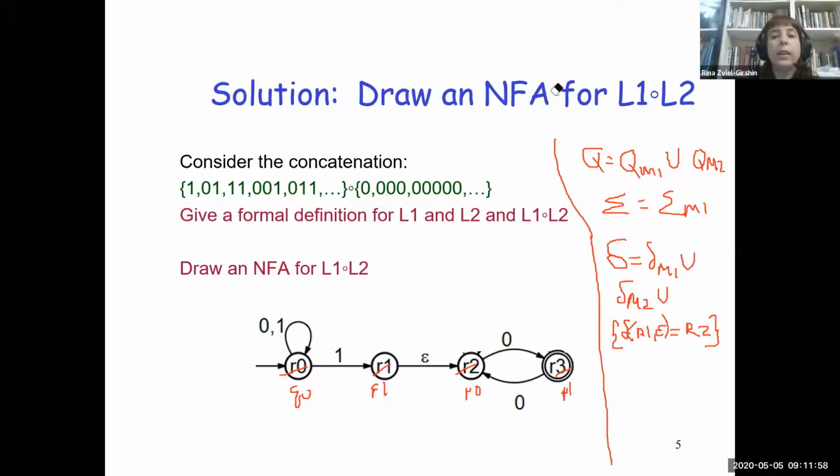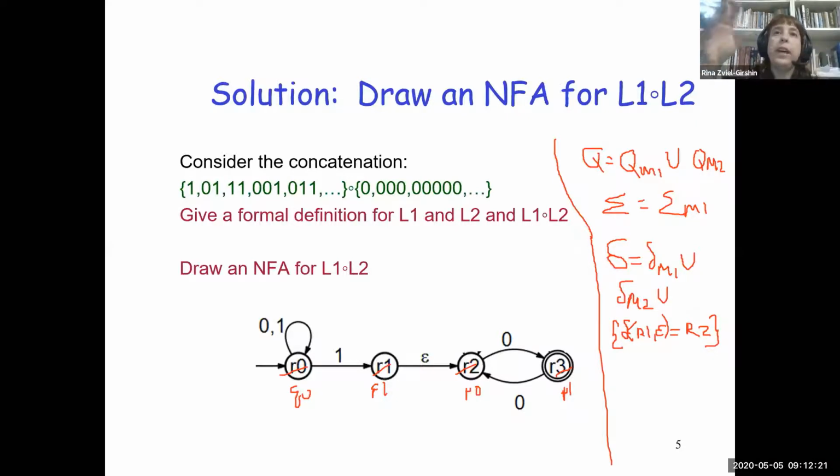Okay. Yes. Sometimes you have to give a solution for a specific automaton, like here. So for the specific automaton, I see that I've added only one epsilon transition. So it is easier for me just to write delta of R1, epsilon, equals R2. That's it.